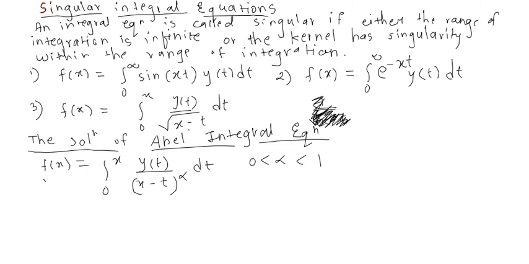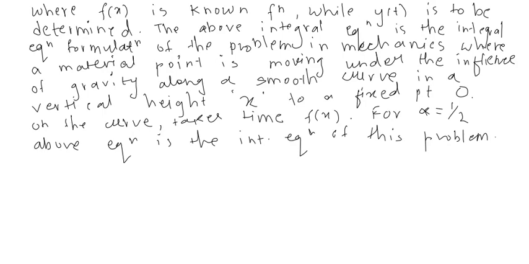Now there is a nice way to see how we can derive or come to this integral equation for this problem in mechanics. Like for the Brachistochrone problem, whatever we study in calculus of variations, there is a theory and physics involved behind that, so by using that we can come to the functional.